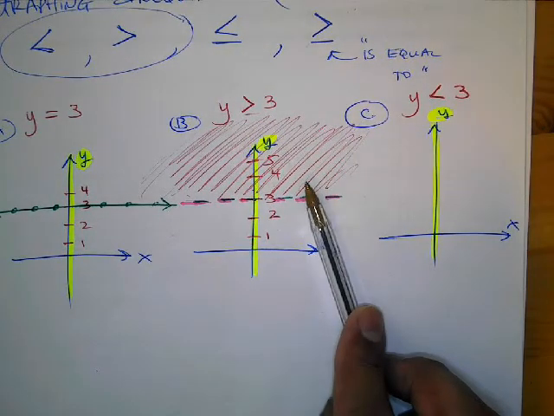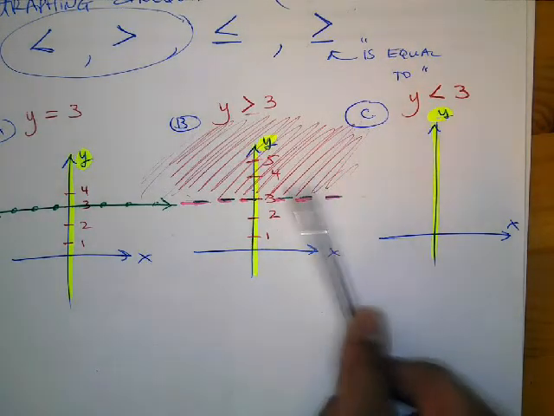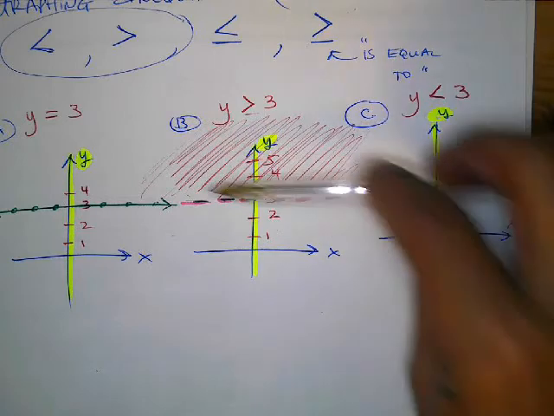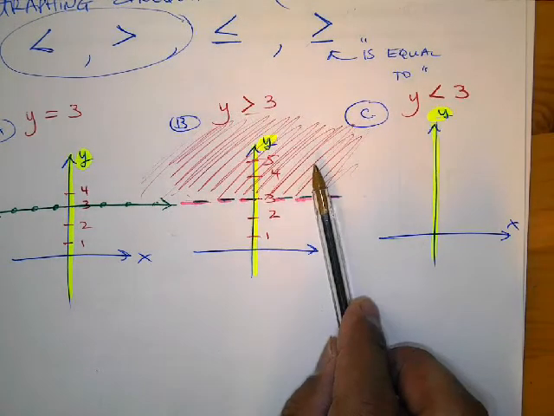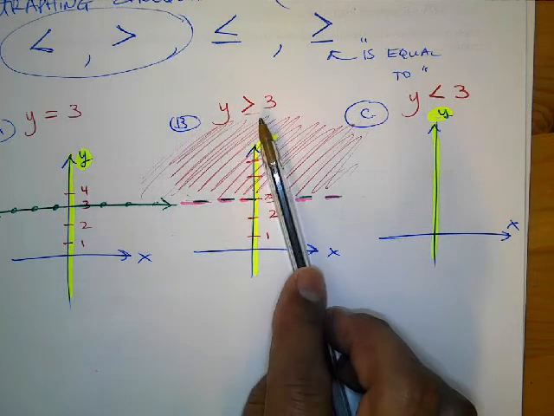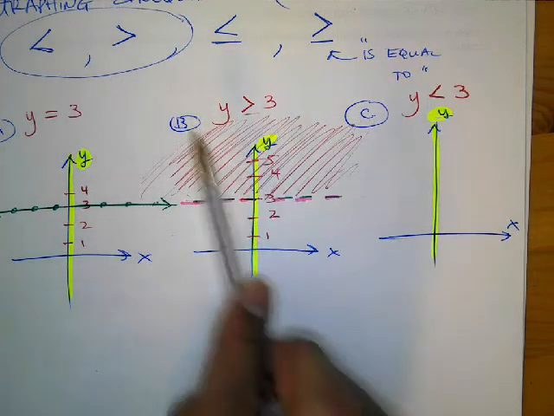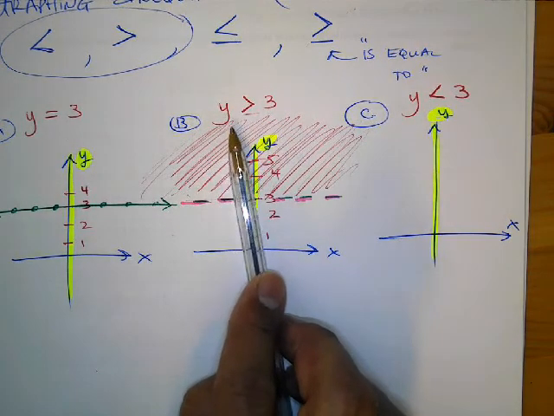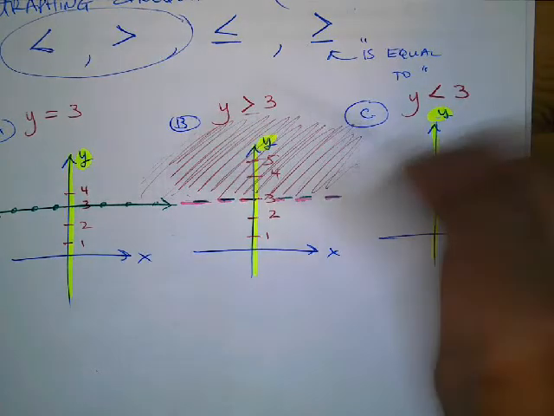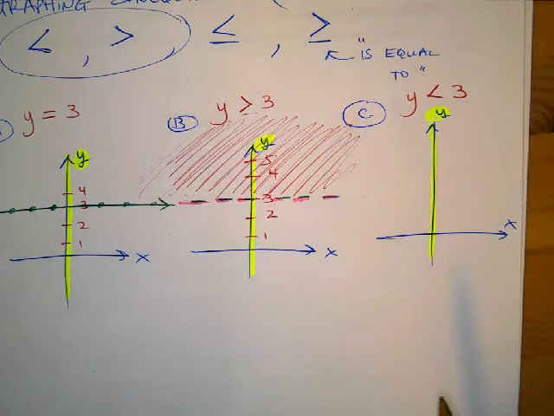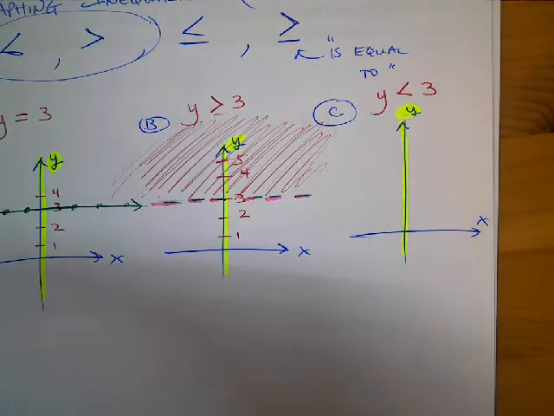So it's going to require you to do a shading. That's what indicates where all the solutions exist. Any solution up here, where the shaded area is, will satisfy this inequality. Like I said, there are an infinite number of solutions you can put here. 6 is greater than 3, 7 is greater than 3. So we just shade everything above it.